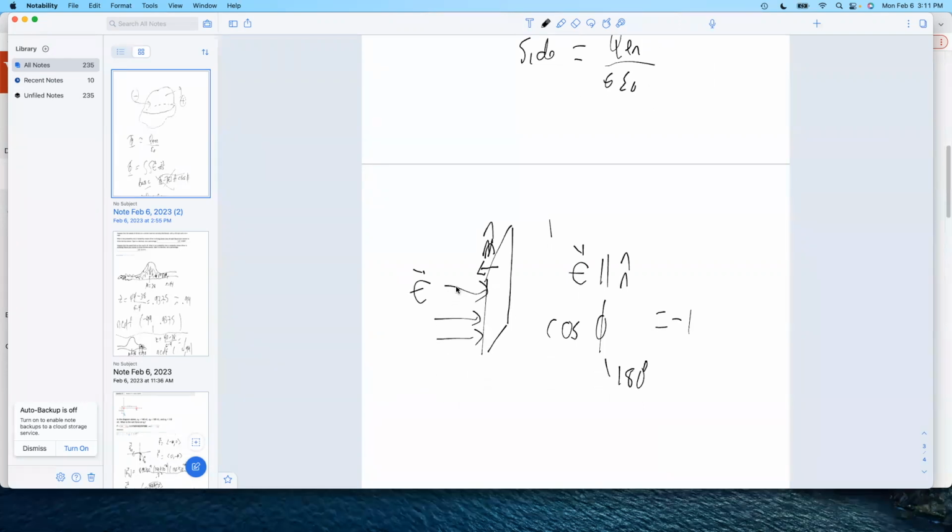Flux flowing out is positive. Flowing into a closed surface is negative. Then the flux that flows through that surface is the magnitude of E, because that's constant, times the area, because we have a constant area, times cosine of 180 degrees. That's just going to be negative EA.